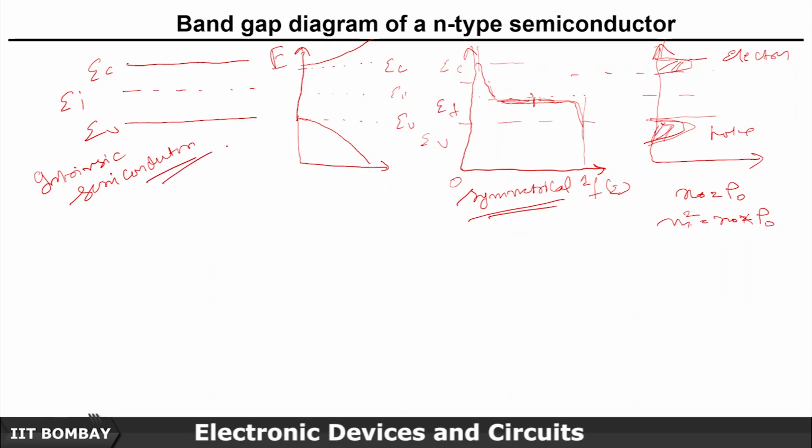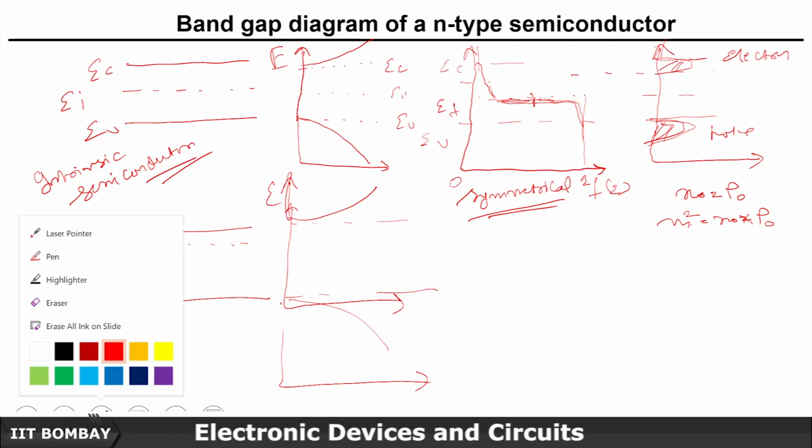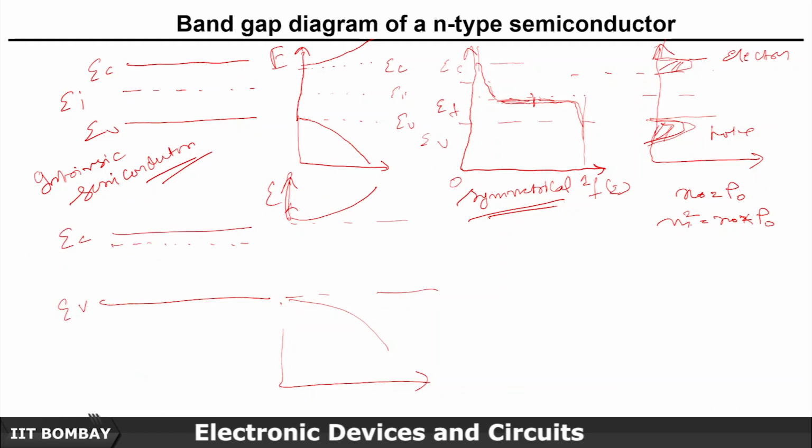Now what happens in the case of an extrinsic semiconductor? This is EC, this is EV, and these energy states will remain the same. It doesn't change in the case of n-type or p-type or whatever it is. But the Fermi function will change.